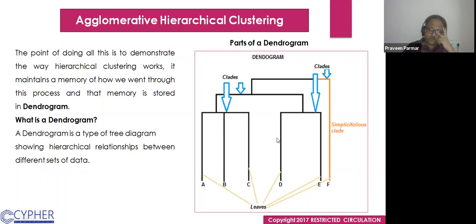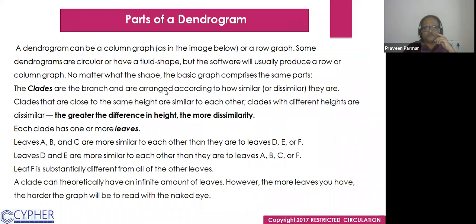So this is the dendrogram, we prepare it. As for the parts of a dendrogram, it can be a column graph as in the image below, or, as we saw on the previous page, a row graph. Some dendrograms are circular or have a fluted shape, but the software will usually produce row or column graphs.